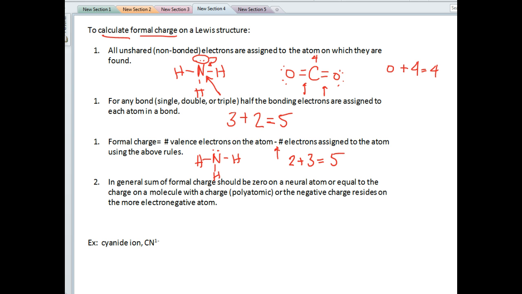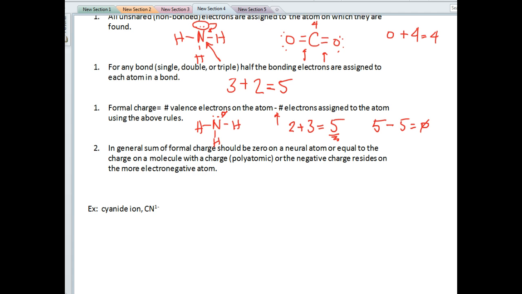Now we want to calculate the formal charge on that nitrogen. Nitrogen has 5 valence electrons, and we subtract from it the 5 we just calculated, so we get 0. So we would assign a formal charge of 0 on that nitrogen. That's how that works.